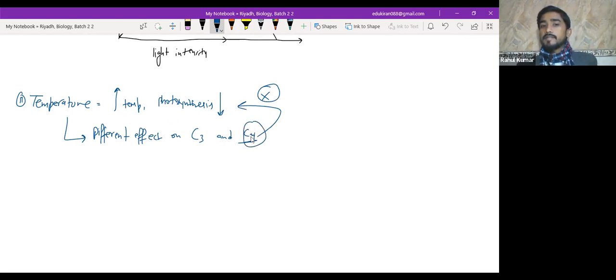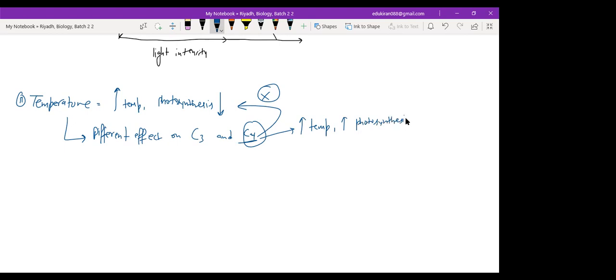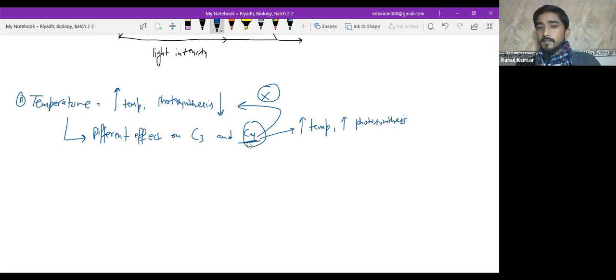At higher temperature, C4 plants do not show lower photosynthesis. They can still show high photosynthesis. Clear, Abhinav? This is why they can survive in hot and arid environments. This is how they are adapted. They can get rid of photorespiration. Okay.